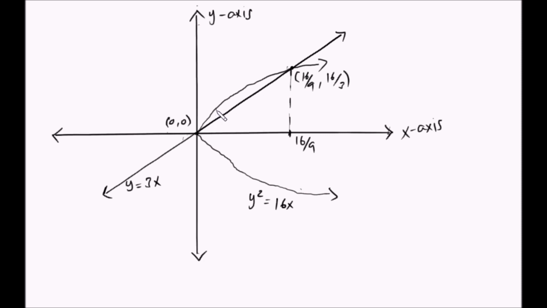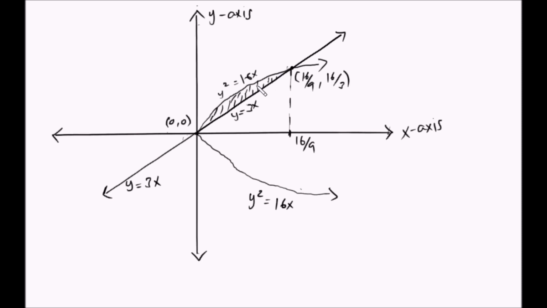Area bounded by hivi vitu viwili ni hapa. So you can see ili eneo nilolishade juu, boda ya juu ni the curve y square is equal to 16x. Alafu chini ni hii straight line y is equal to 3x. Kumbe area anayotaka tuipate ni hii hapa.